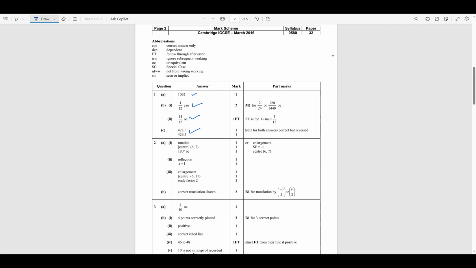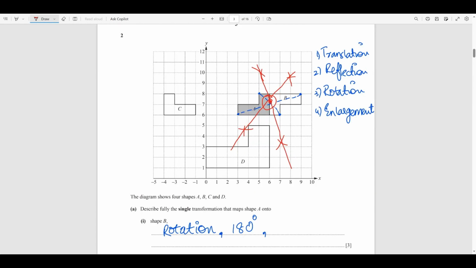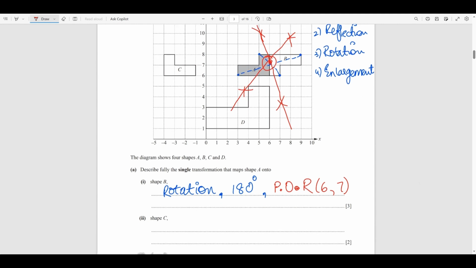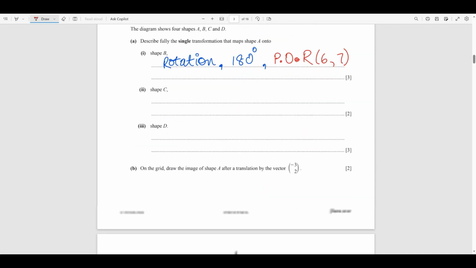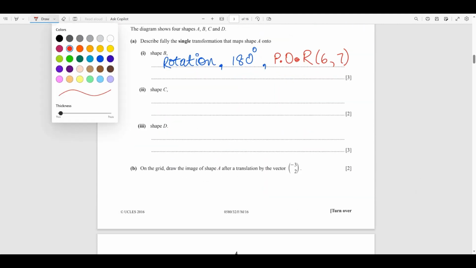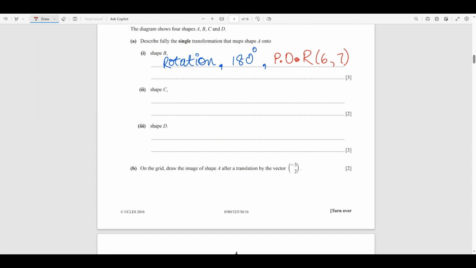Oh wow, wonderful. So this is roughly 6, 7. Okay. So the point of rotation is... You can write the whole thing. I'm just writing the short form, point of rotation. Okay, so changing the color back.